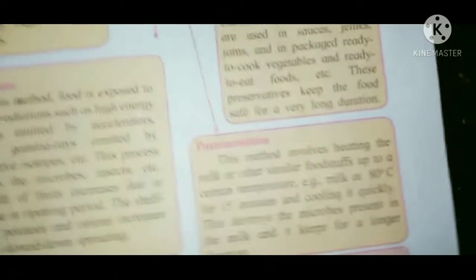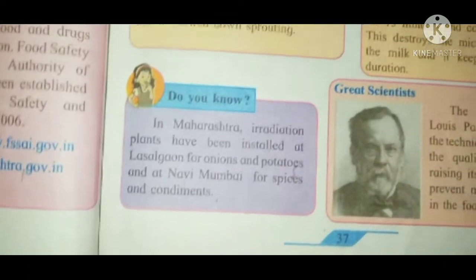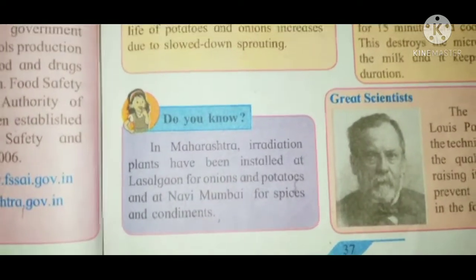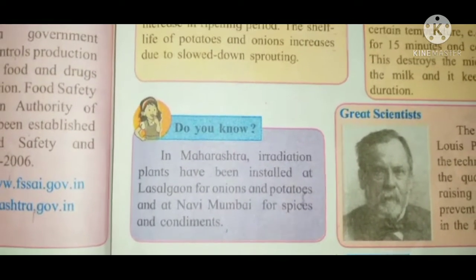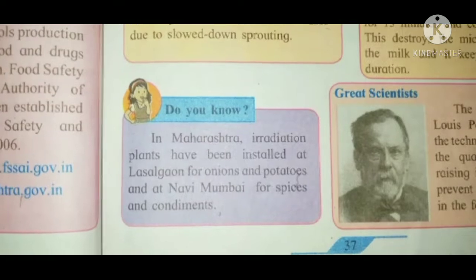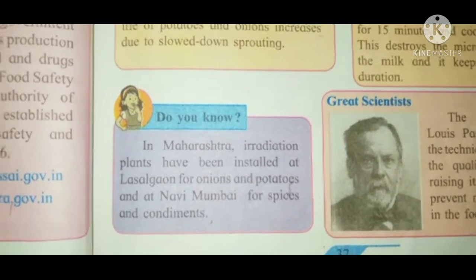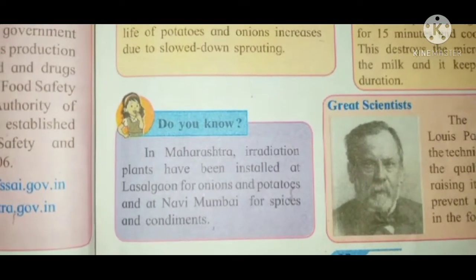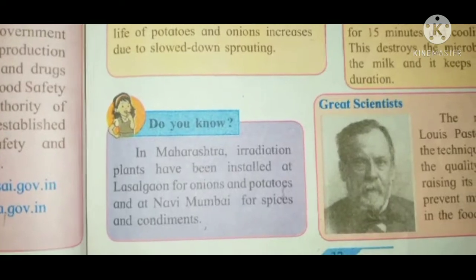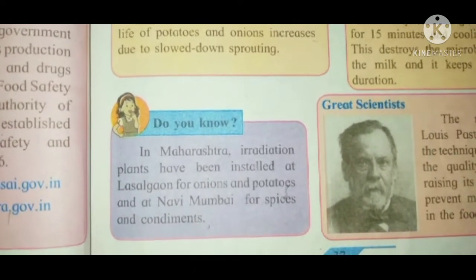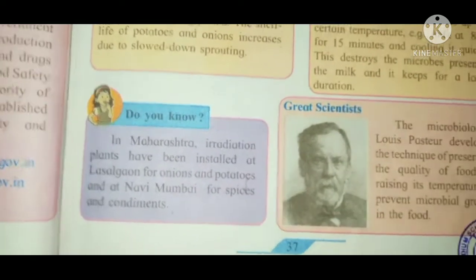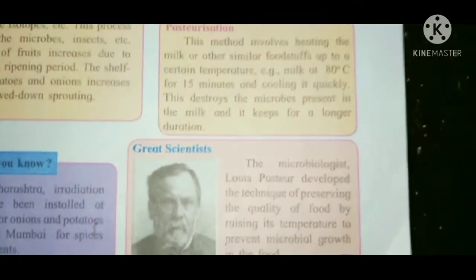So do you know, in Maharashtra, irradiation plants have been installed at Lasalgaon for onions and potatoes. And at Navi Mumbai for the spices and condiments. So we are given in the orange box: Great scientist.